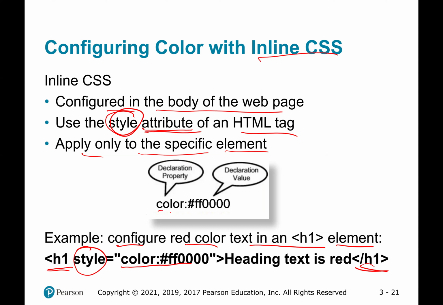Now the value has 2 parts. You remember the CSS syntax, right? The declaration has 2 parts. One is the property and the second part is the value. Okay, so we put, say, color. This is RGB red. So this one will change the color of this heading to red.